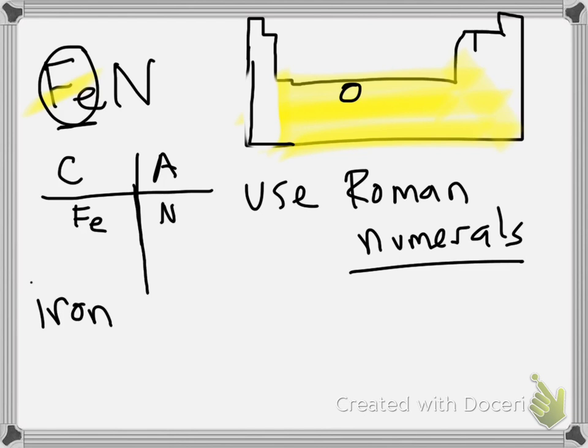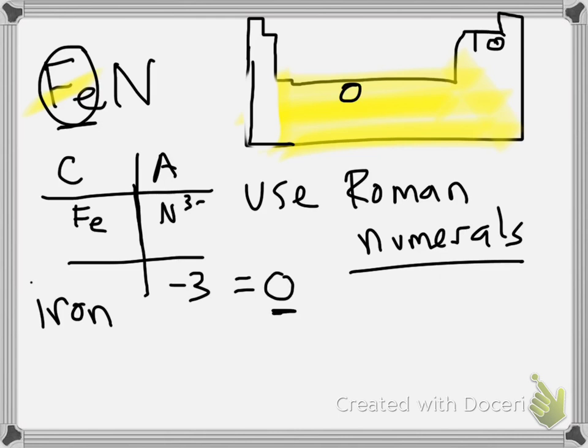So I know, nitrogen being right over here, that nitrogen has a 3- charge. And I only have one nitrogen. It doesn't say 2 down here, it doesn't say 3 down here. I only have one nitrogen, which means that my total negative charge is -3. I know that my overall charge has to be 0.